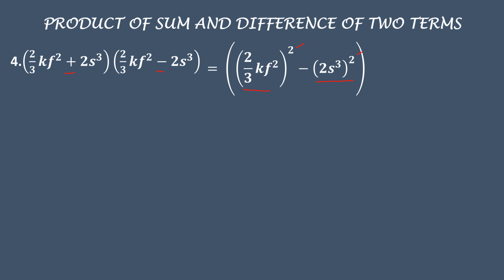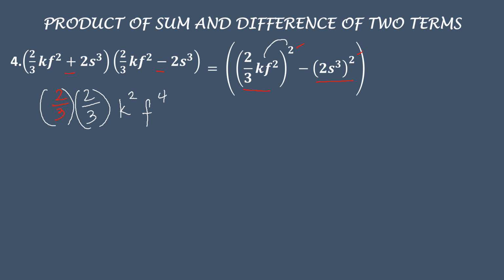Squaring the first term, which is 2/3 k f squared: 2/3 to the power of 2 means 2/3 times 2/3. Then k has a power of 1 and there is a power of 2 outside, so that will become 1 times 2 equals 2. Then f to the power of 2 to the power of 2 will be f to the power of 4. Then our second term is 2s cubed, the quantity to the power of 2.